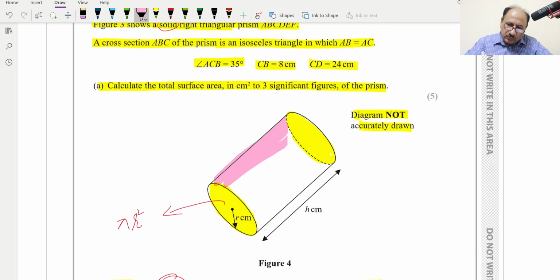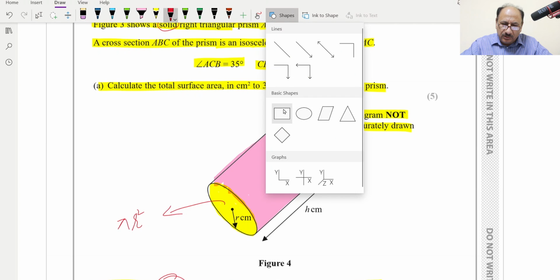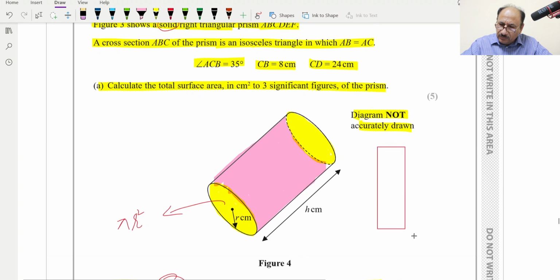If we open this curved surface area, it will be like a rectangle, and we can find the area of this curved surface as a rectangle.